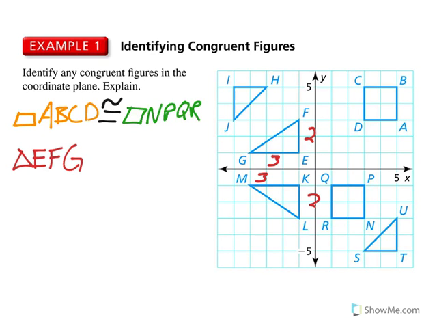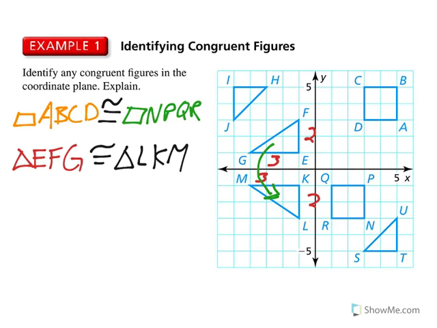So it would appear that this was simply reflected. So a reflection would just be reflected across. They're both the same distance from the x-axis, so they were simply reflected across the x-axis. So these two would also still be congruent, since they were simply reflected. So I have EFG would be congruent with triangle LKM or KLM, whichever way.